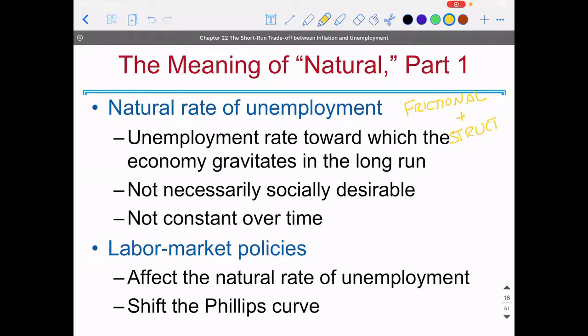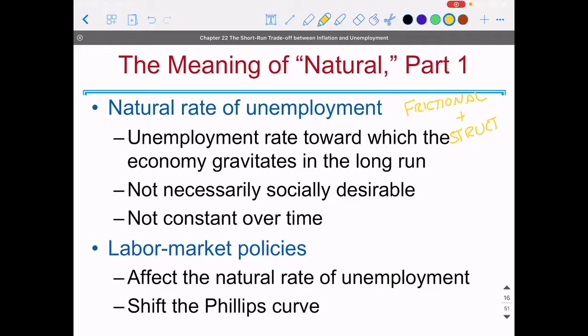Basically, this happens in any market economy, that there's always going to be some unemployment. It's going to be pretty low. It's not going to be necessarily what society wants, but it's just the natural frictions that exist in having a market exist.